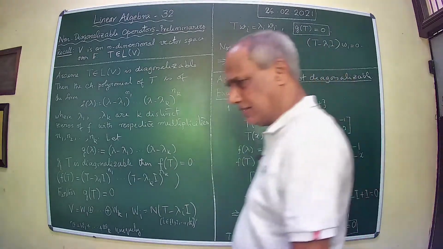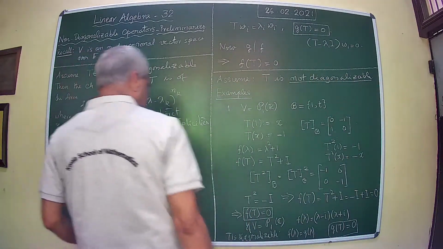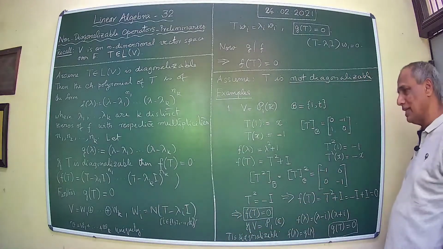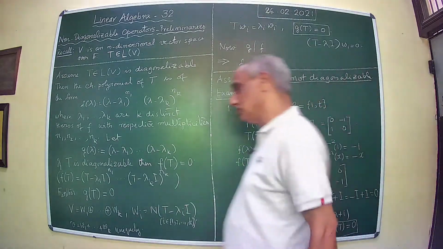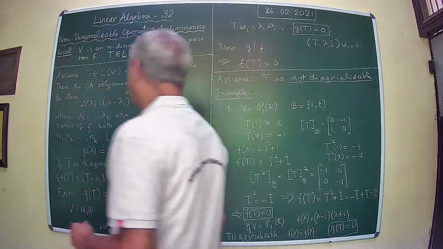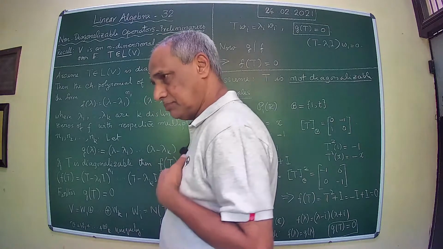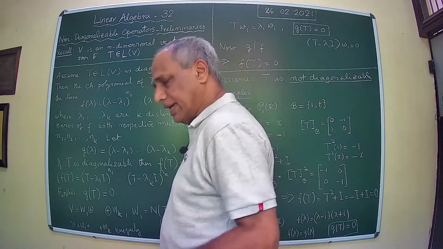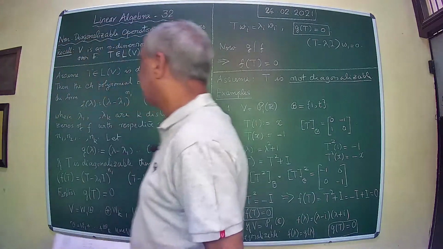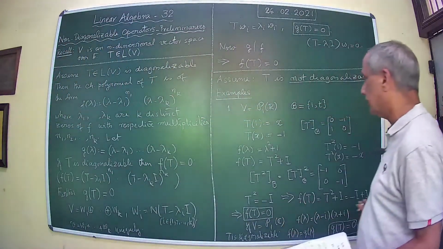Okay. Anyway, the dimension of W1 plus W2 in this case is equal to 2, which is the dimension of V. Therefore, everything works well. Okay. So, we have made this observation on this example.